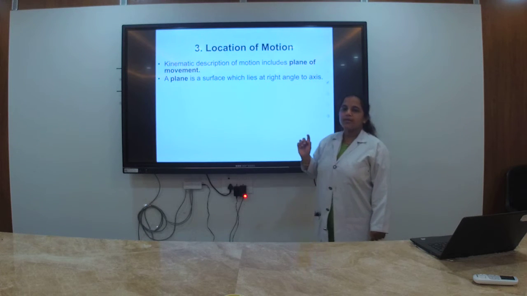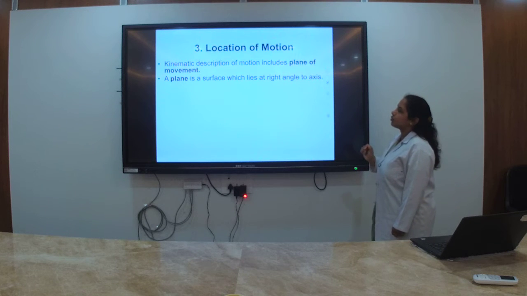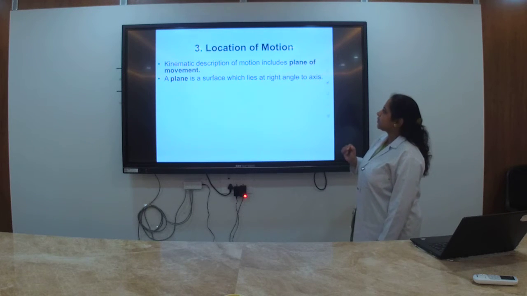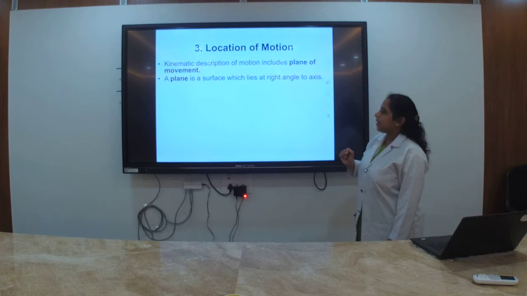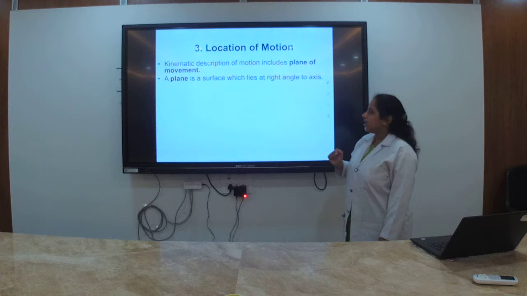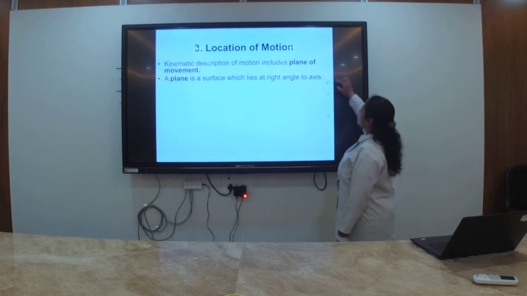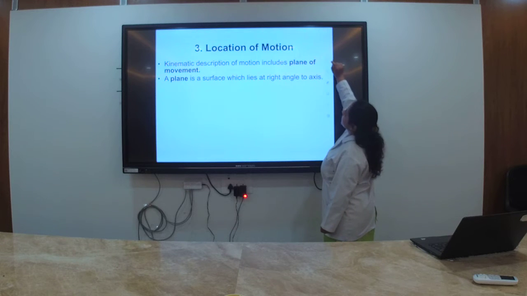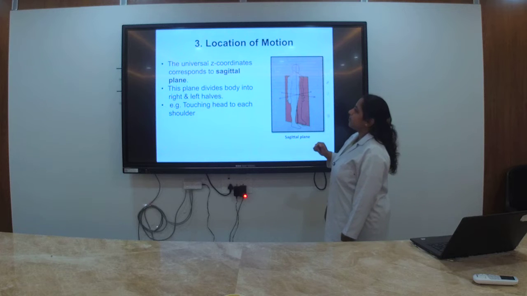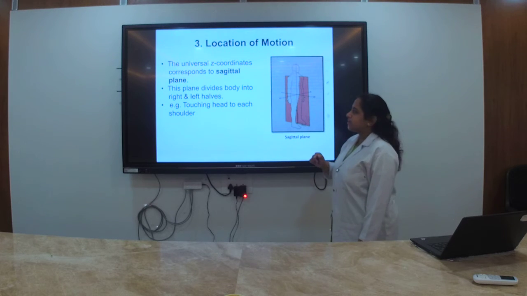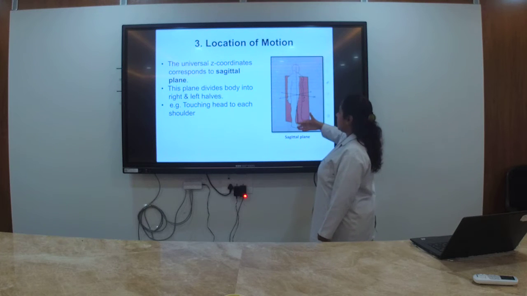The third variable of kinematics is the location of motion. The kinematic description of motion also includes the plane of motion, and the plane is a surface which lies at right angle to the axis. You can see here the plane, the universal z coordinate corresponds to the sagittal plane.